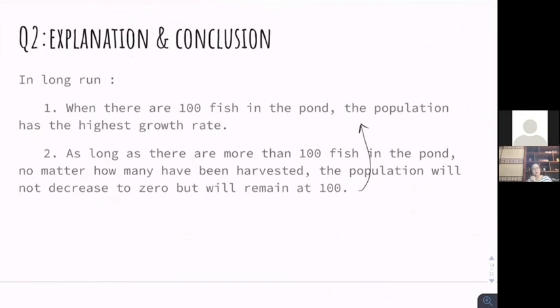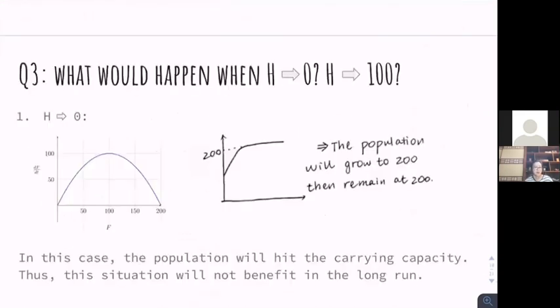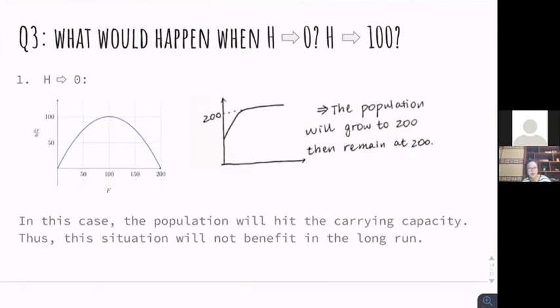Third question, what would happen when h is close to 0, and what about when h is close to 100? We can look at a graph here. When h is close to 0, which means there are no fish being harvested, the population will look like these two graphs.